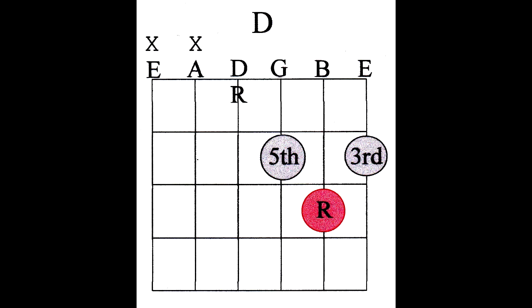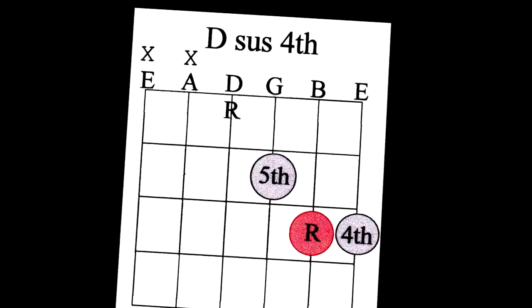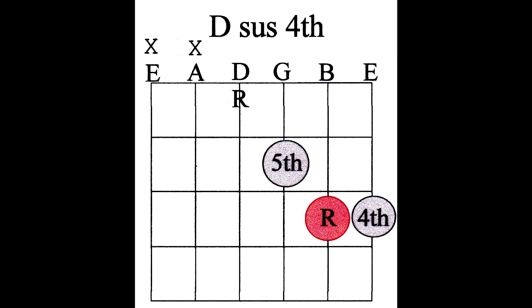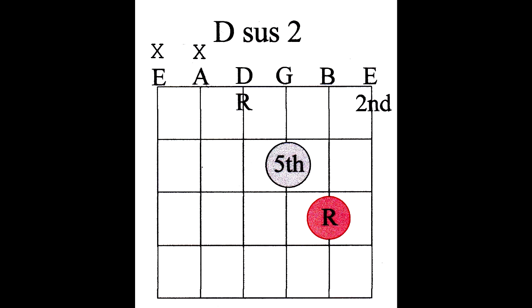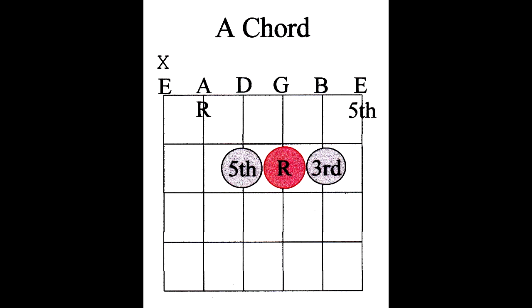Here's a D chord with all the scale degrees. When we raise the third and replace it with a fourth, we get a suspended fourth. If we flat the third, we get a D minor. If we replace the third with a second, we get a suspended second. Here's an A chord.